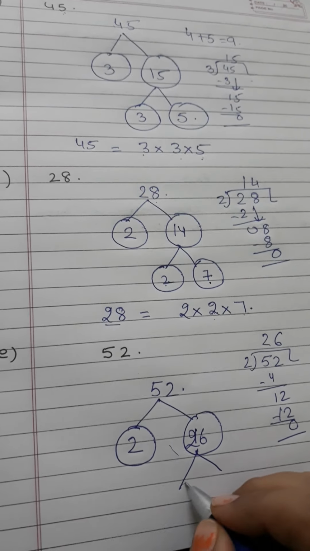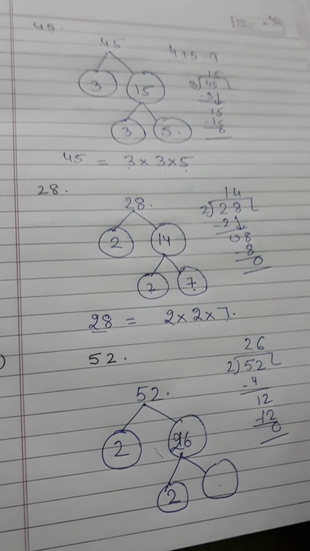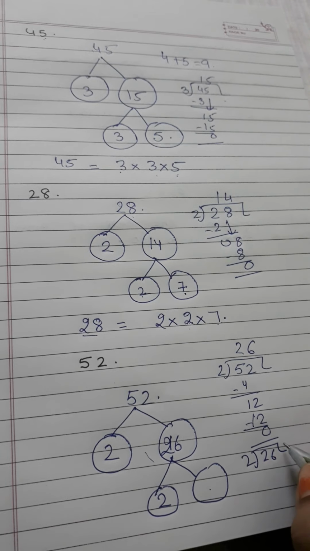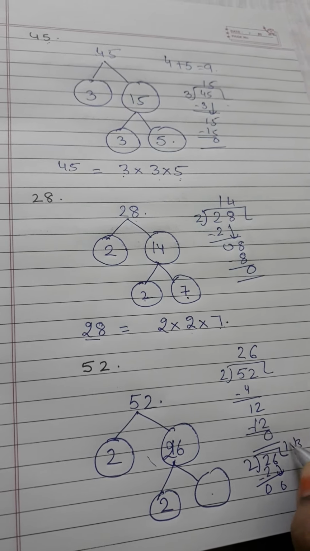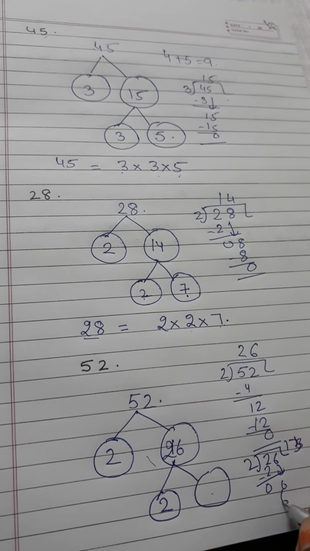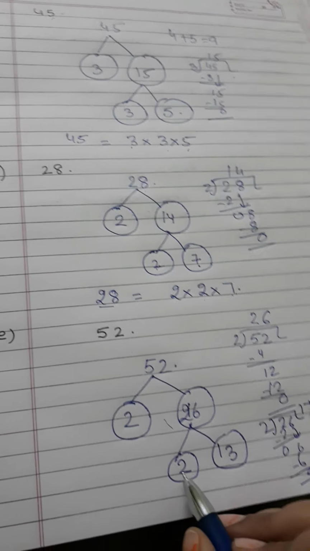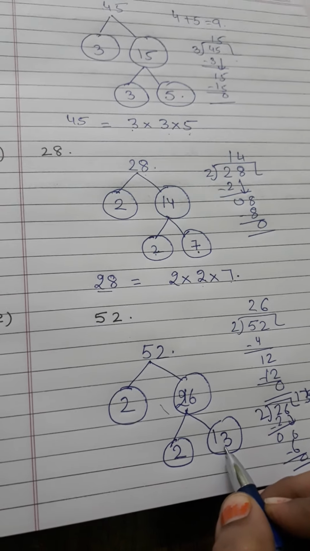It means that it will again be divisible by 2. I don't know what will come here. So in my rough space we can divide and check. 2 ones are 2, 0, 6 and 3. 2 threes are 6. So what will come here? 13. Now you can see 2 is a prime number and 13 is also a prime number.